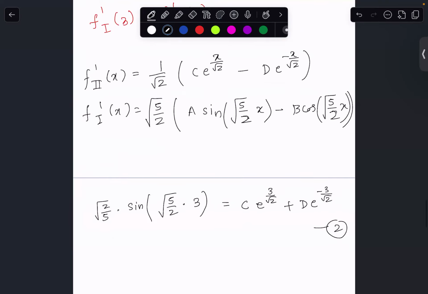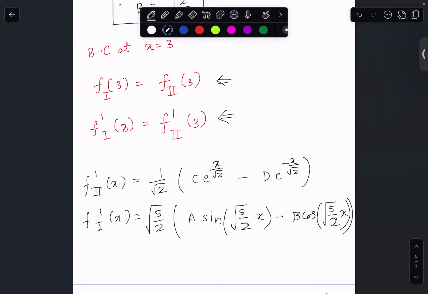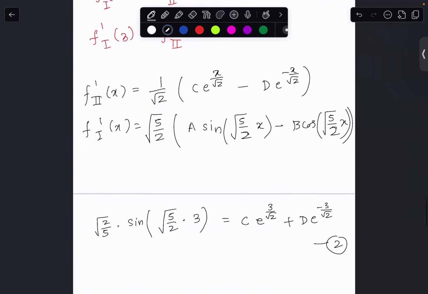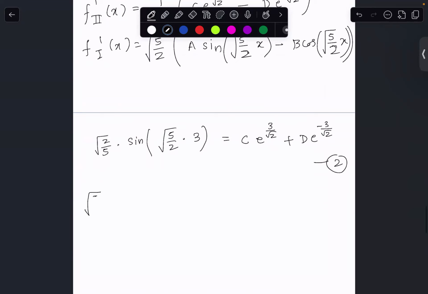And applying the second condition here, we write down f prime in region 1 at 3, which is the left hand side, square root of 5 upon 2. A we know is already 0. B we know is square root of 2 upon 5 cos of square root of 5 upon 2 x.